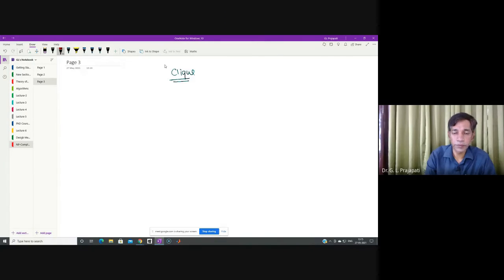Like we have a graph, these are the vertices. A Clique is a graph which is known as the maximal complete graph.